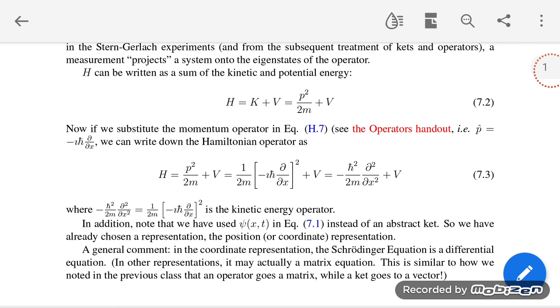In addition, note that we have used psi of x t in the equation instead of an abstract ket. So we have already chosen a representation, the position coordinate. A general comment: in the coordinate representation, the Schrodinger equation is a differential equation.